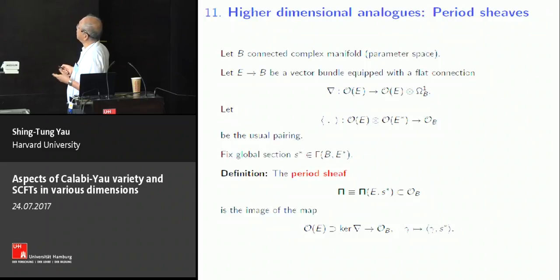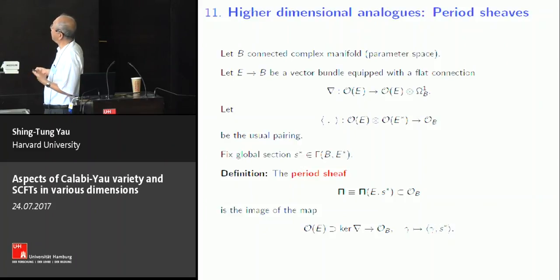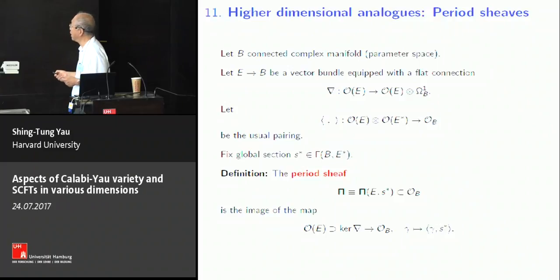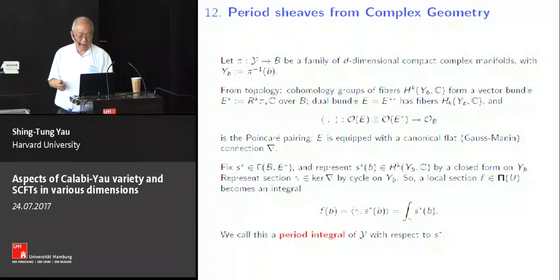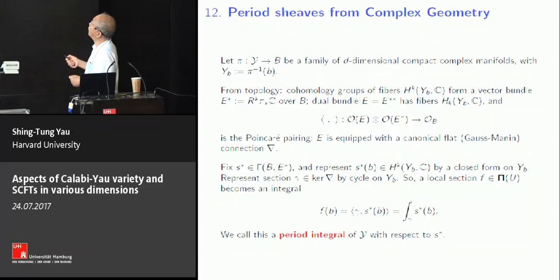So this is just a slightly fancy way to say that you integrate. You look at the path in the flat connection, the Gauss-Manin condition. You integrate. You look at the period over that path. But this will be the notation we use from now on. Okay. So you fix S star, and then you define this period.